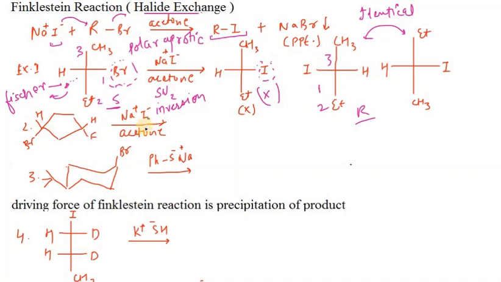Now if we see here NaI in acetone, again it promotes the SN2 mechanism, and we have two halogens which could be replaced, fluorine and bromine. Bromine has more leaving tendency; the leaving power of bromine is more, as we have seen previously in the case of the SN2 mechanism.